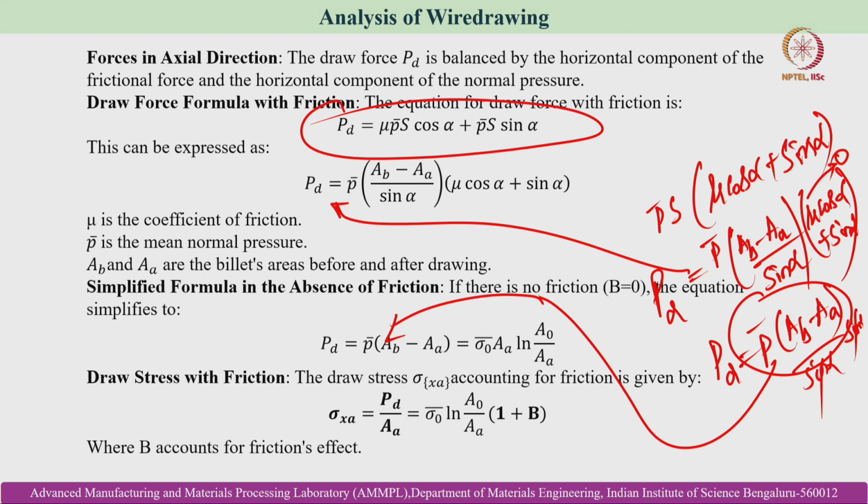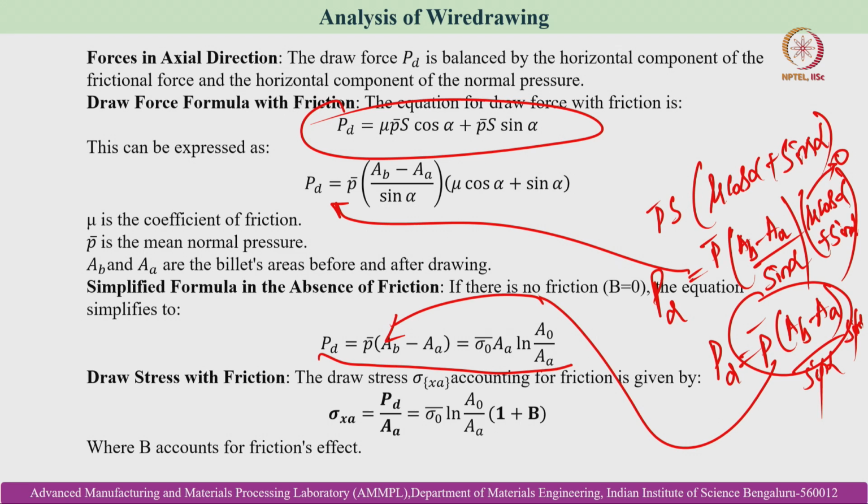So, this is how we get the draw stress with friction. The draw stress sigma x a accounting for friction is given by sigma x a is equal to PD by A a. As we have the expression for PD, the die pressure, equal to sigma 0 bar A a into ln A 0 by A a, where A 0 is the initial area, which can also be written as A b.